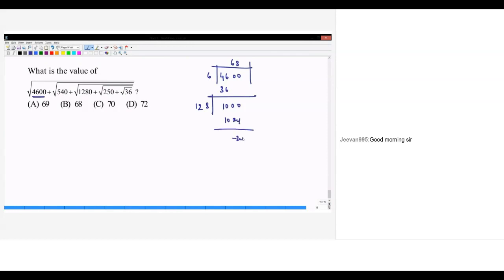So actually you need to add 24 more. So I expect from all this you will get 24 only. Therefore you can say the closest square to 4600 is 68 squared. Actually, what is 68 squared? You can say it is 4624. Whatever else you solve, you will get the same thing.